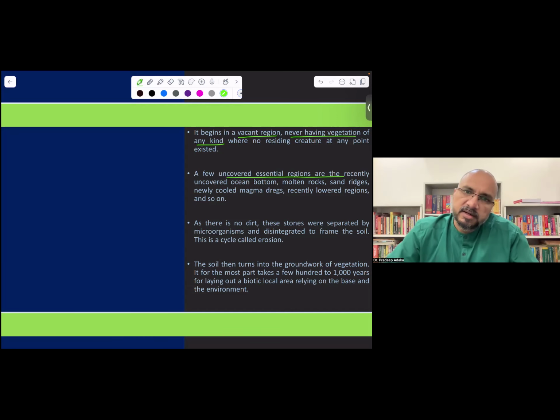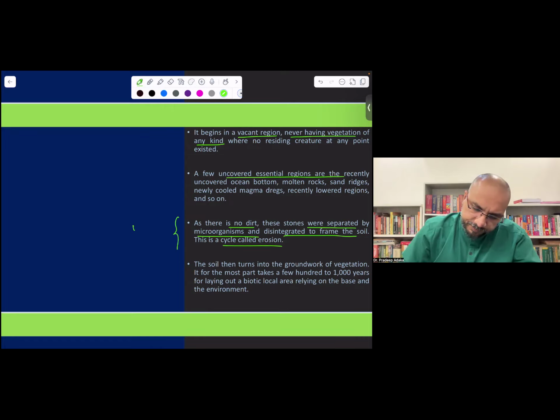Now here the process of succession begins. As there is no dirt, just bare rock, these stones are broken down by microorganisms and disintegrated to form the soil. So this is the cycle of erosion. Basically the weathering process is happening.